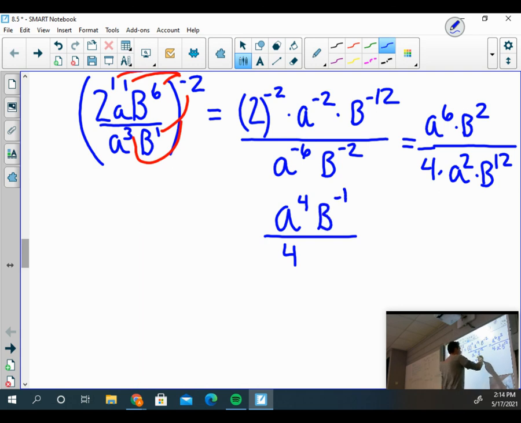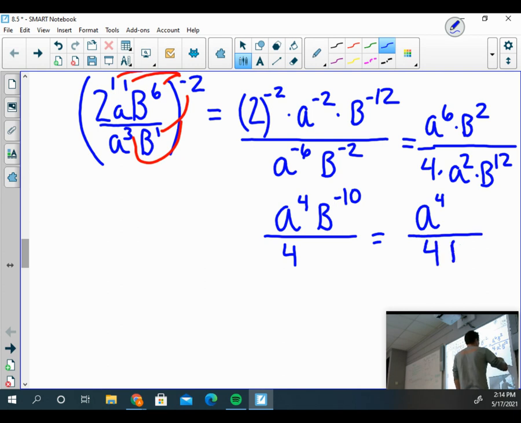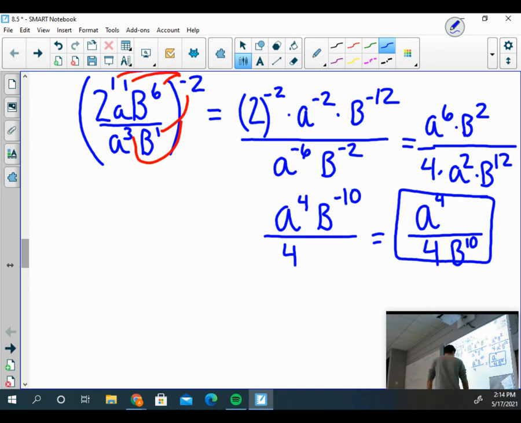But whenever I do that subtraction, if I already have a fraction, the subtraction will automatically put that in the numerator. Now I'll simplify the negative exponent, which the B has. I'm not moving the A to the 4th or the 4 because they don't have negative exponents. And I end up with A to the 4th over 4 times B to the 10th.